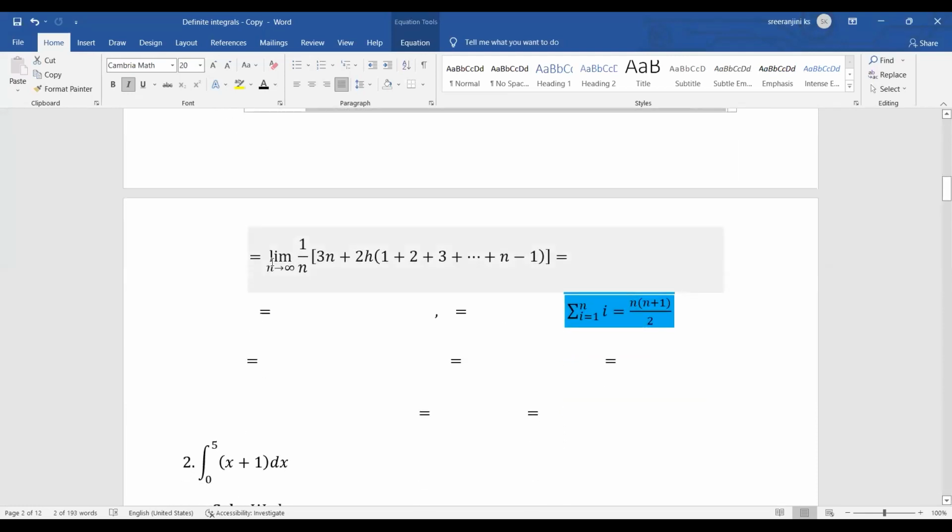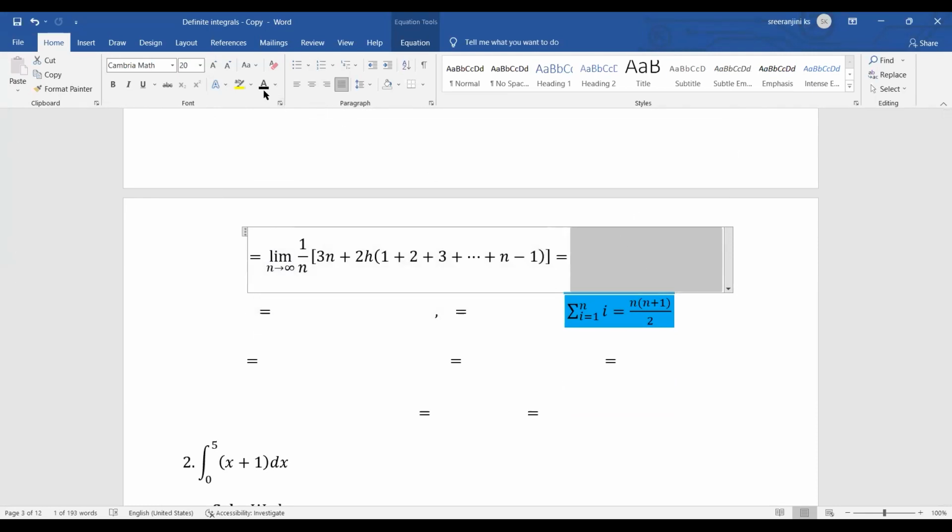So this is equal to limit n tends to infinity, 1 by n, 3n plus 2h into 1 plus 2 plus 3 plus etc. plus n minus 1. And we know how to find this sum, 1 plus 2 plus 3 plus etc. plus n minus 1, the sum of first n minus 1 natural numbers.